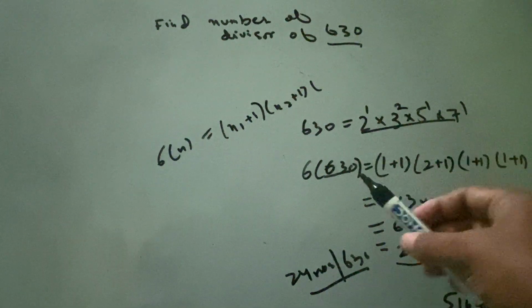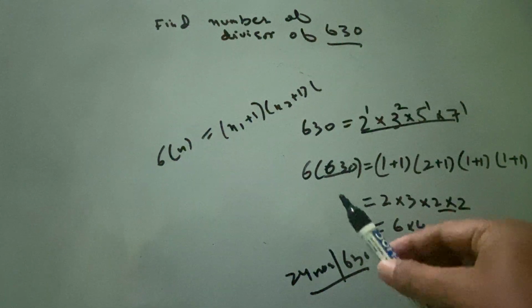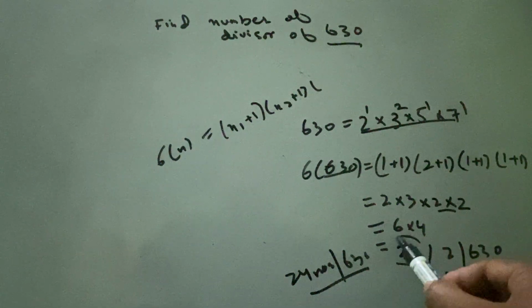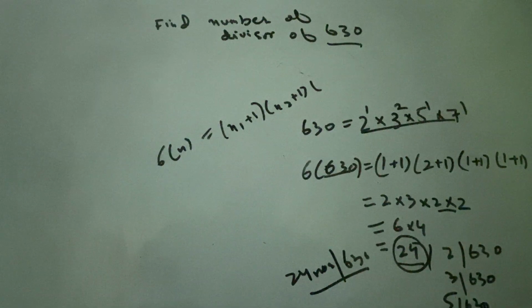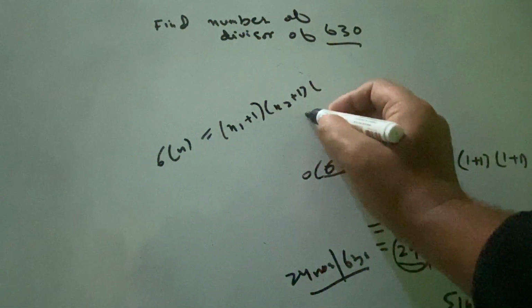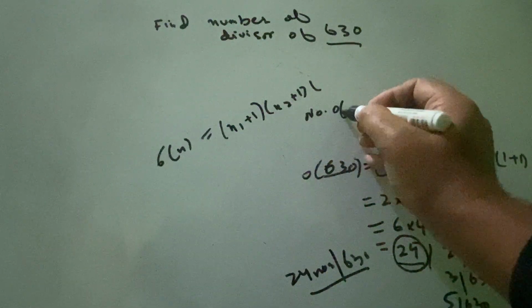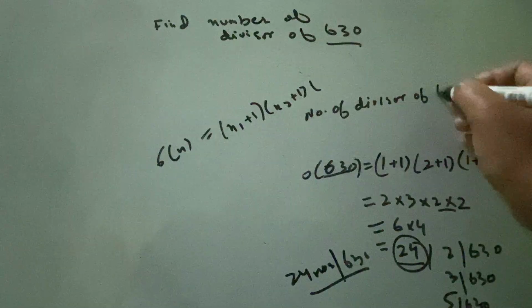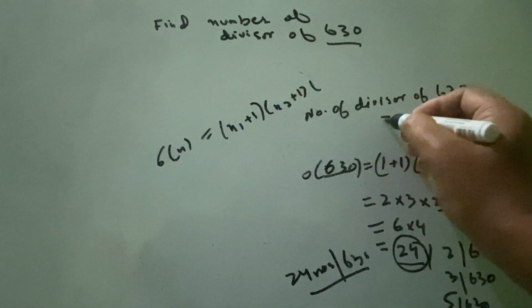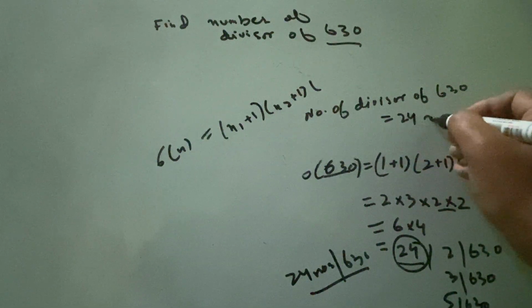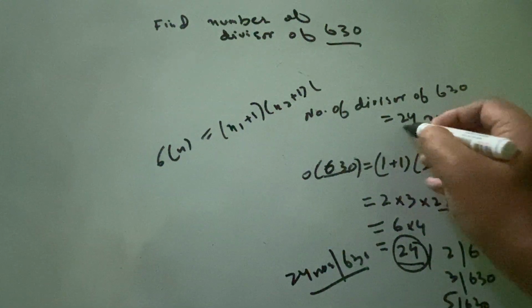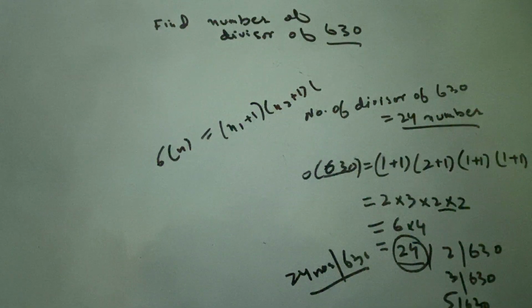This is our result: we had to find the number of divisors of 630, and the number of divisors is 24. Thus the number of divisors of 630 is equal to 24, meaning 24 numbers divide 630.